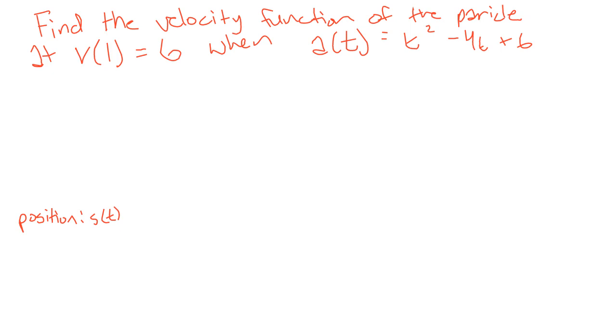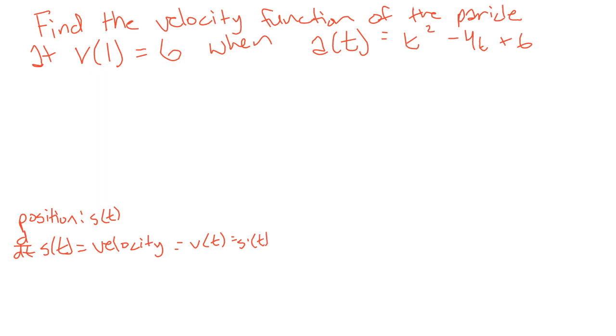If we take the derivative of S of t, that is going to get us our velocity, which is essentially our v of t, or S prime of t.